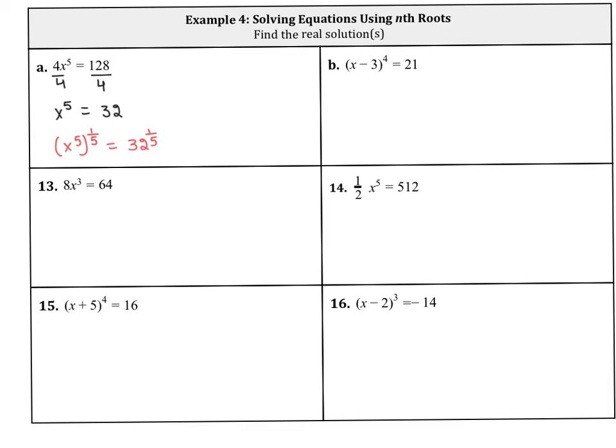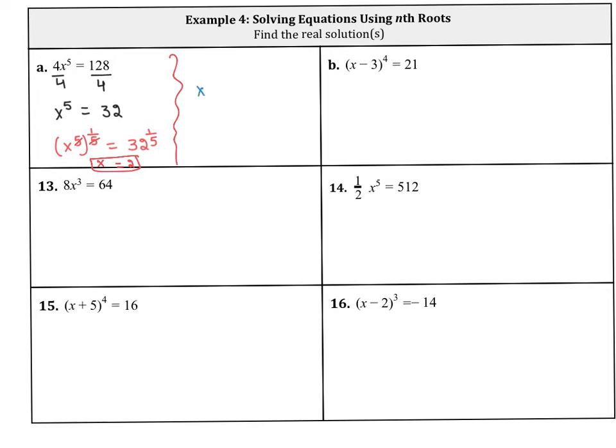Now, taking fifth root on both sides, you can cancel the 5 on each side. So 5 and 5 cancel. You get x equals fifth root of 32, which is 2. So the answer is 2. I'm using the other space to find the fifth root in a radical form.